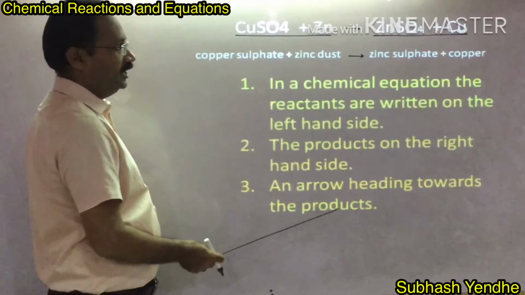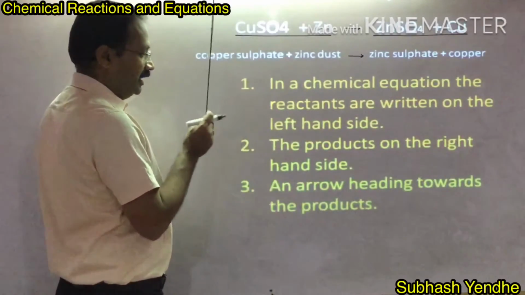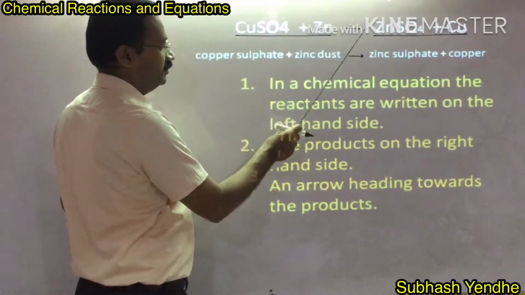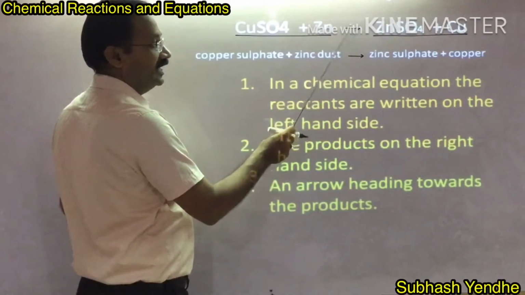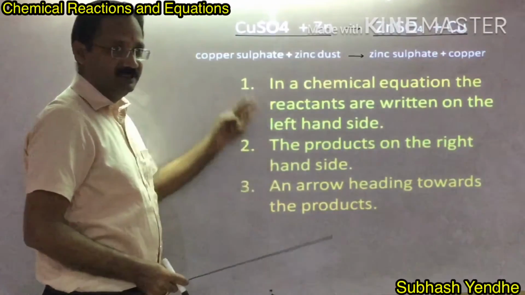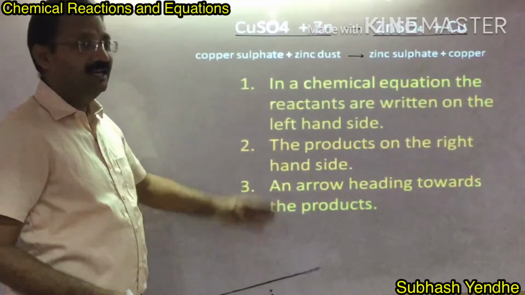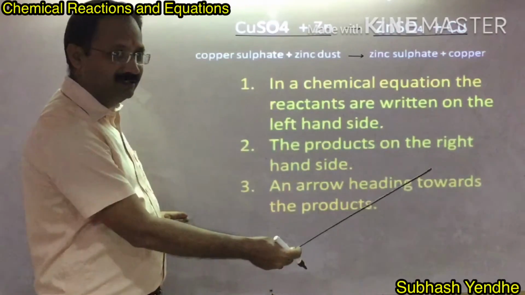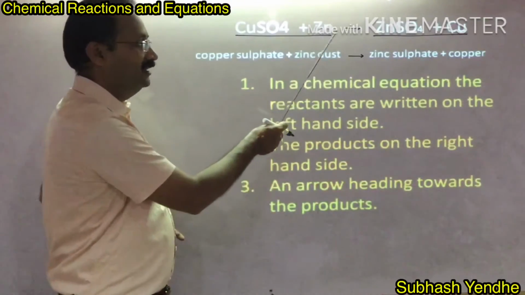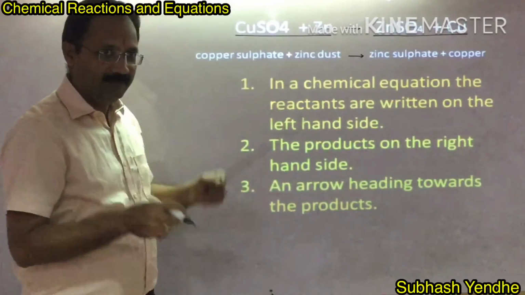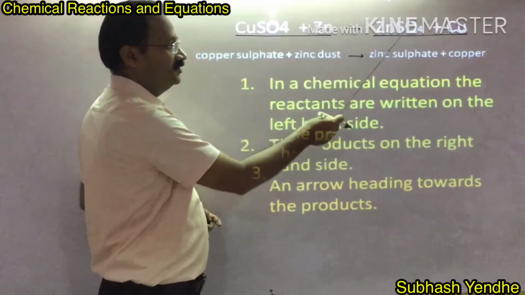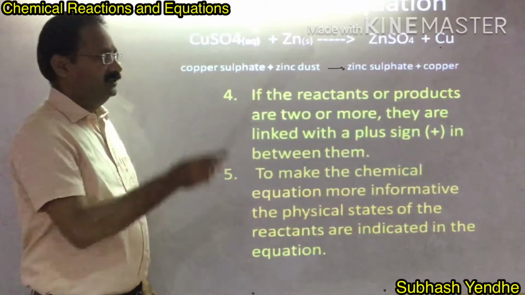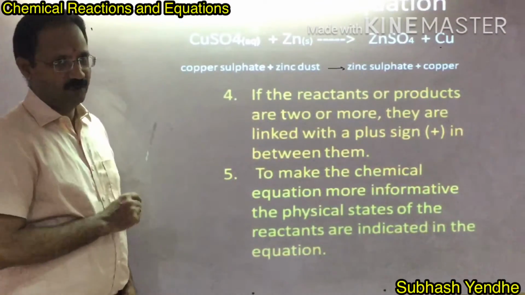The third point you have to remember is an arrow heading towards the product. It means the first three rules: left hand side reactants, right hand side products, and one arrow in the middle heading towards the products. Let's see the next point.